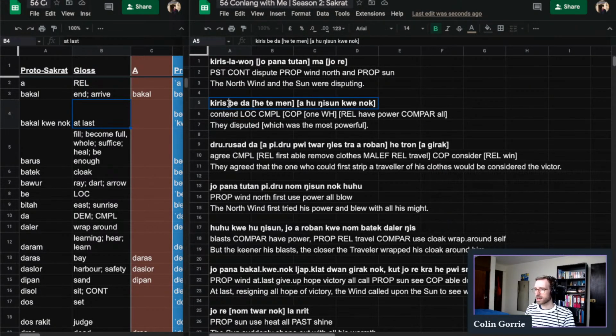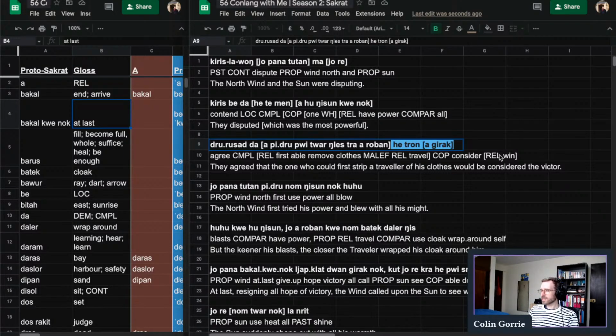Okay, so they contended over who was over which one is the one that had the most power. Okay, good. Agreed. So we have all these copular constructions.